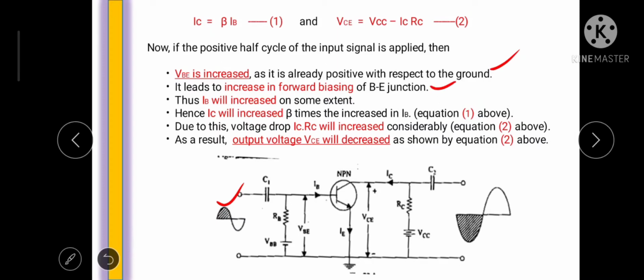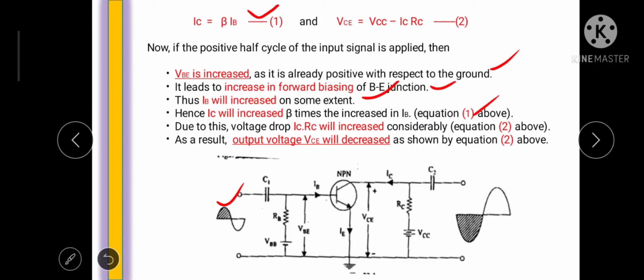As a result of this forward biasing, the base current IB will also increase to some extent. Now if we look at equation number 1, which is IC equals beta times IB, the overall value of IC will also increase beta times the increase in base current IB.